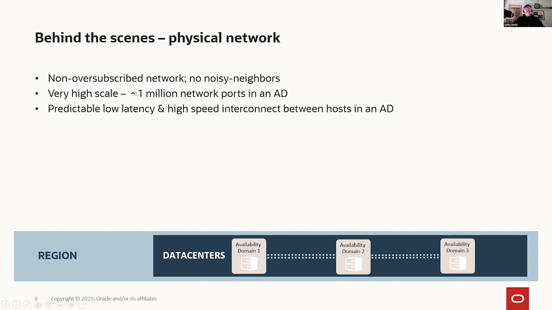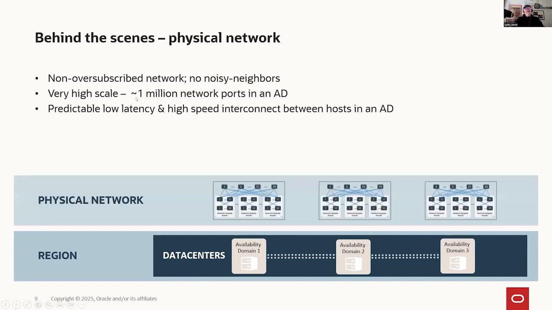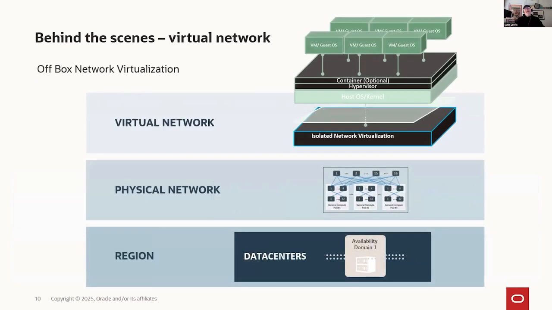So we have the ability to control the physical network through off-box virtualization. Since we have all those NICs, we have the central router, essentially a Linux box, that has your Dom0 hypervisor that controls all those smart NICs, and then another hypervisor on that central box that is your Dom0 for all your virtualization, as well as a switch, so we can turn our bare metal systems off and on as well.